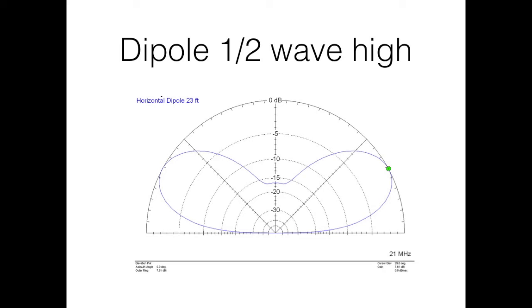Now, that's not all that bad when you consider that you're gaining a whole lot more angle coverage. You can cover a whole lot more angles effectively with a dipole a half wave above the ground than you can with a dipole that is one wave or two waves above the ground.